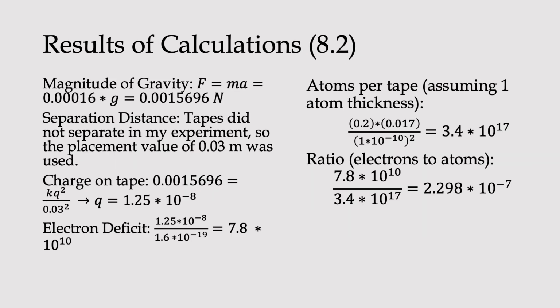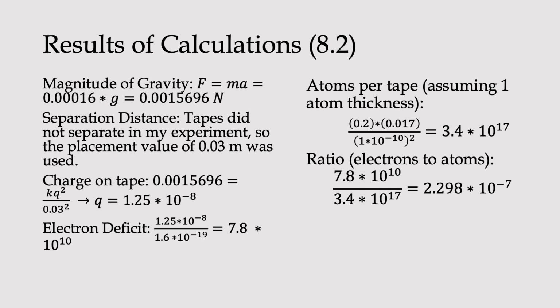For the results of the calculations here, the magnitude of gravity was found to be 0.0015696 newtons. And then again, for separation distance, the tapes didn't separate in my experiment, so a placement value of 0.03 meters was used.